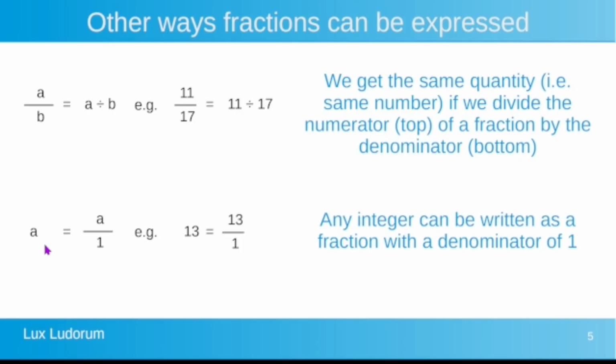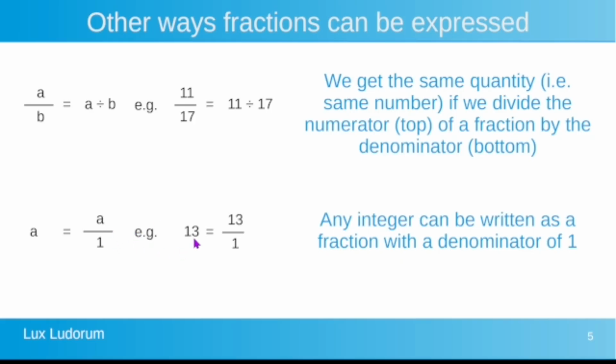And here we see that any number such as a can be written as a over 1. So this a is not a fraction, but written like this, a over 1, it is a fraction. Of course, a divided by 1, and we've just been through that here, is equal to a.